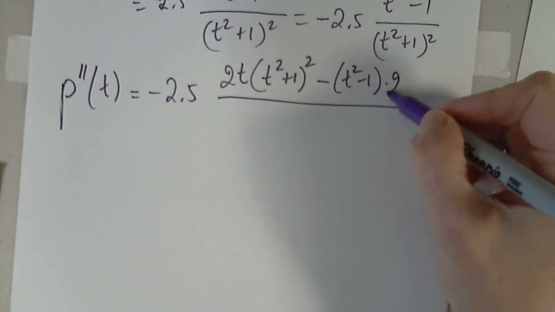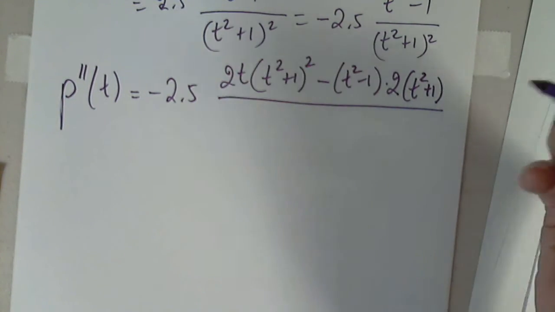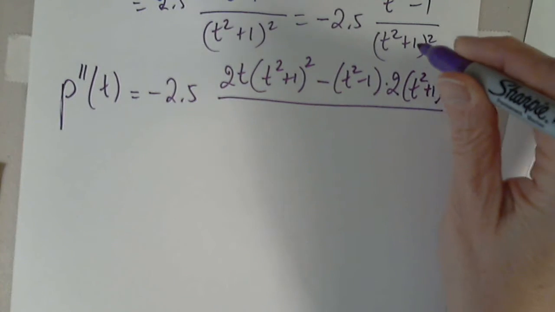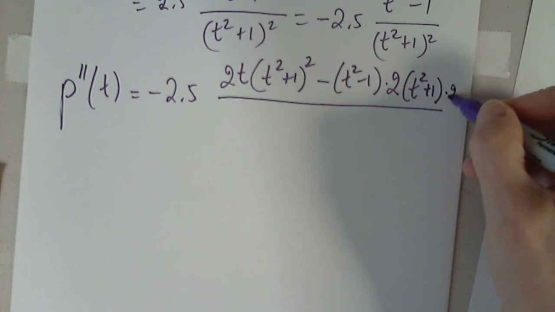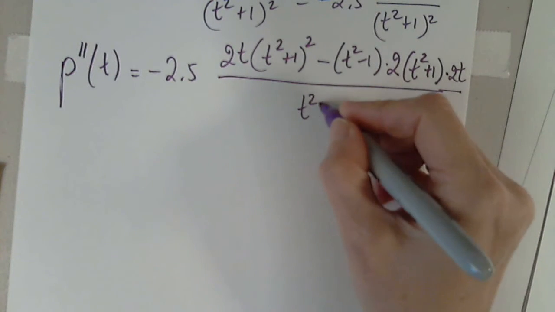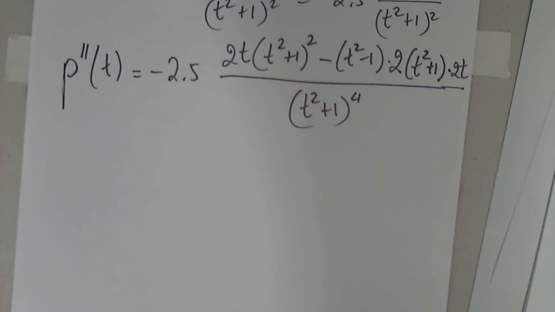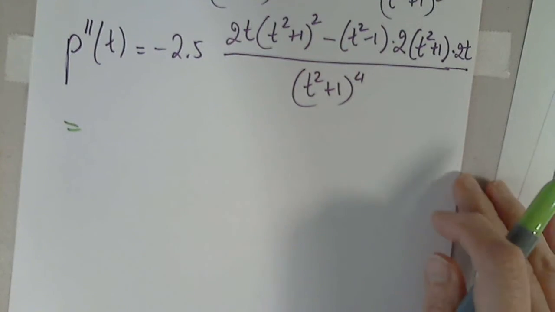I bring down 2, I subtract 1 from the power, so I get 1, but then I have to multiply by the inner function prime, which is 2T, over the denominator to the 4th power, because I have to square it. Do not try to simplify, not before you factor. Do not multiply. There will be a tragedy. I'm kidding. It will be messy if you do not factor.